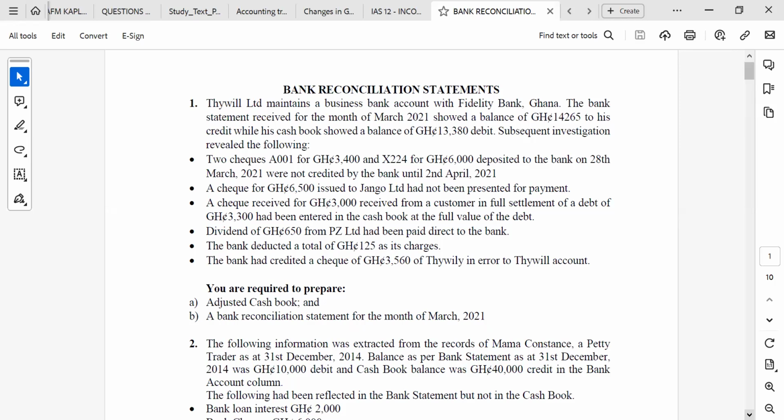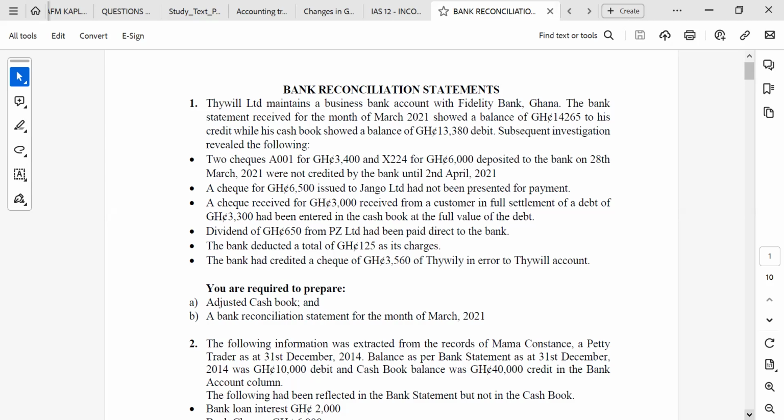Subsequent investigation revealed the following. Checks A001 for 3,400 cedis and X224 for 6,000 Ghana cedis deposited to the bank on 28 March 2021 were not credited by the bank until 2nd April 2021.